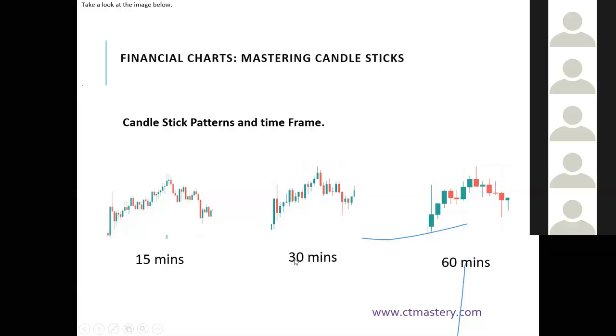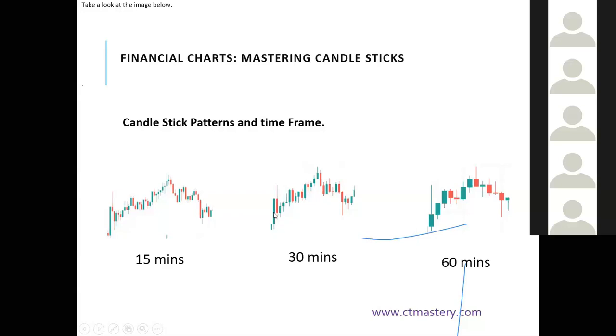For this one, each of these candles represents 30 minutes. Then for this one, each of the candles represents 15 minutes. I actually took this from the same chart. So if you check this one out, this candle is a summation of these two candles that formed this one candle.